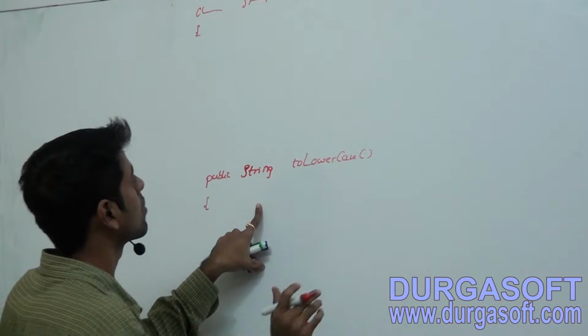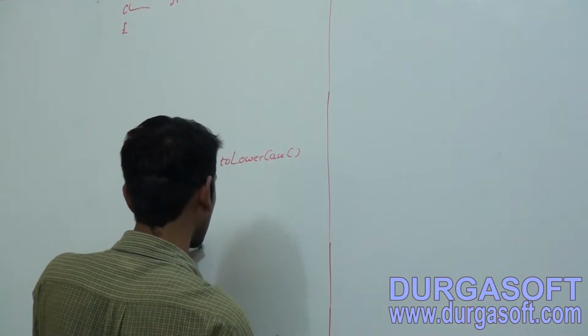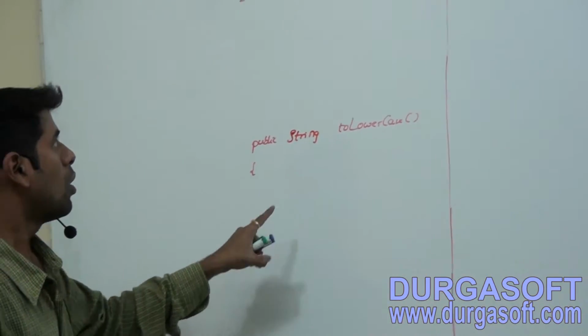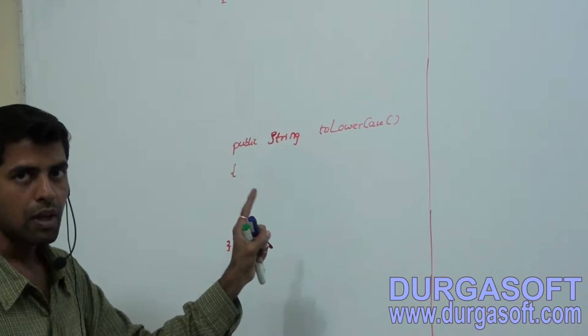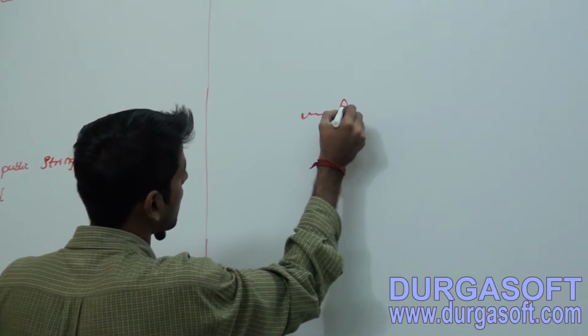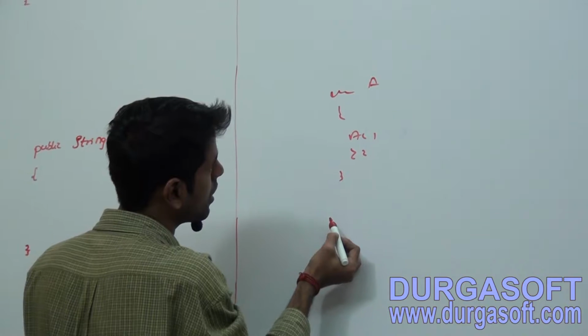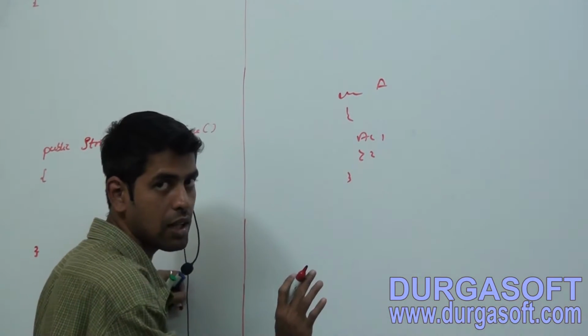Now observe. First, how to create an object for class called string. Think that if you are having a class A having one constructor, a no argument constructor, how to create an object for class A?